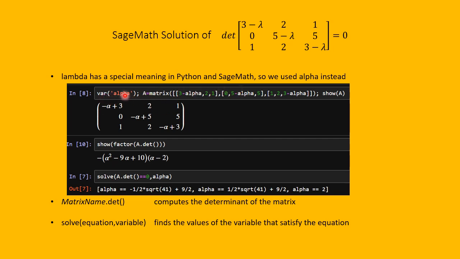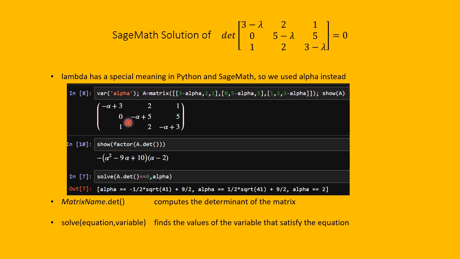We defined alpha to be a variable, then A was a matrix. The first row up here was 3 minus alpha, 2, and 1. The second row here is 0, 5 minus alpha, 5. The third row is 1, 2, and 3 minus alpha. So A will be the matrix with those 3 rows, and we'll show A.